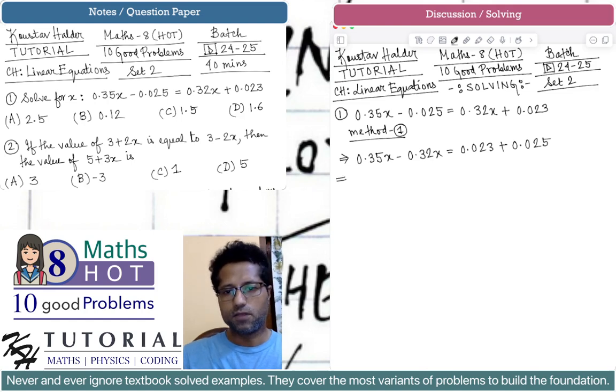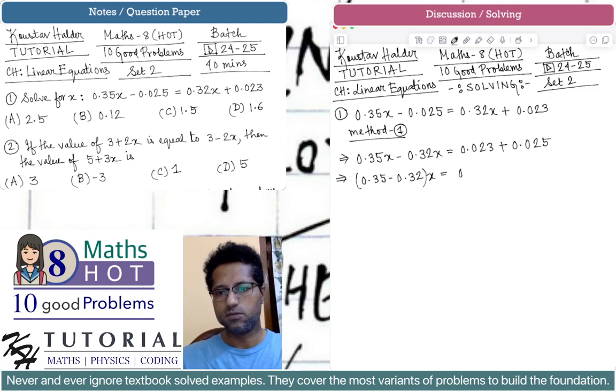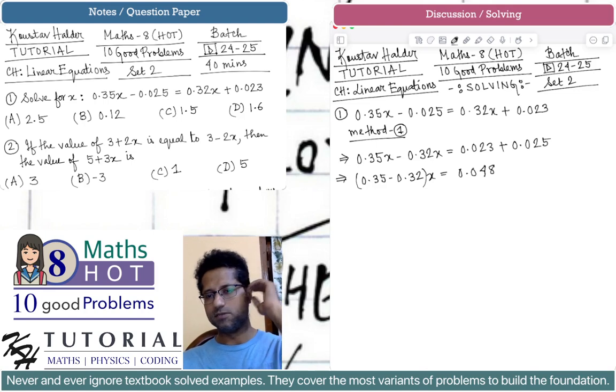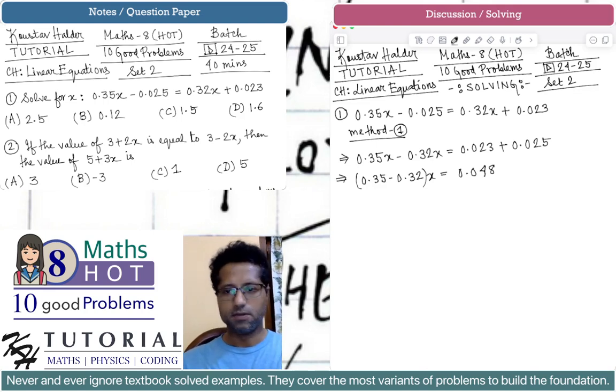Now if we simplify the LHS and RHS, that is, subtraction on the LHS, the LHS becomes (0.35 minus 0.32)x is equal to, the right hand side becomes 0.048. So addition and subtraction of decimal numbers are involved in solving this problem in this method.